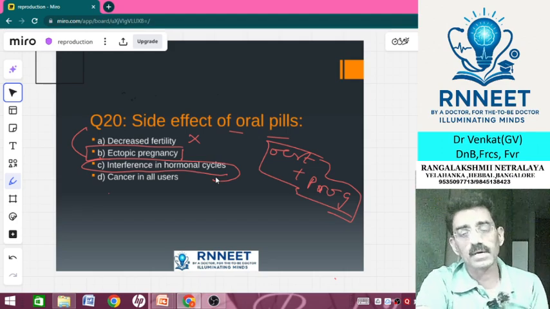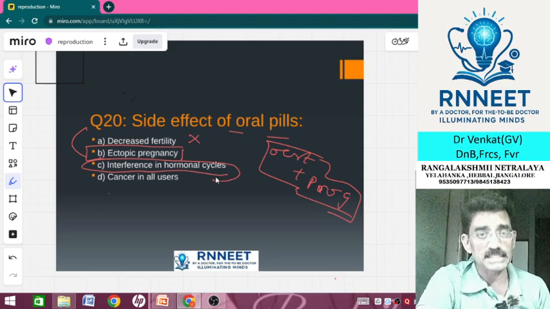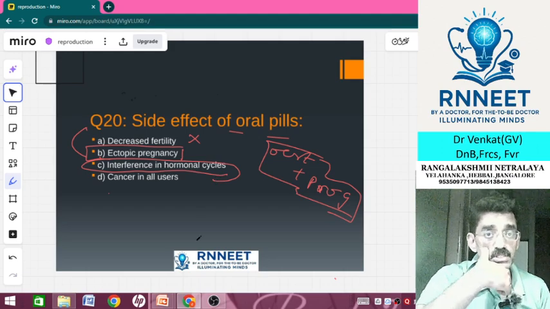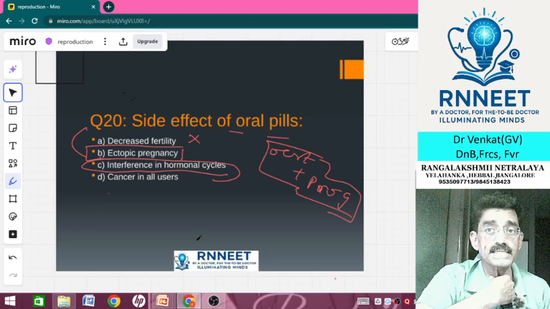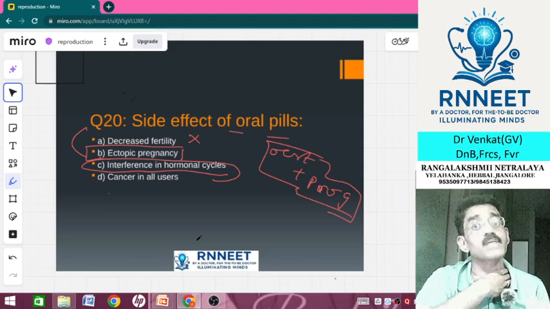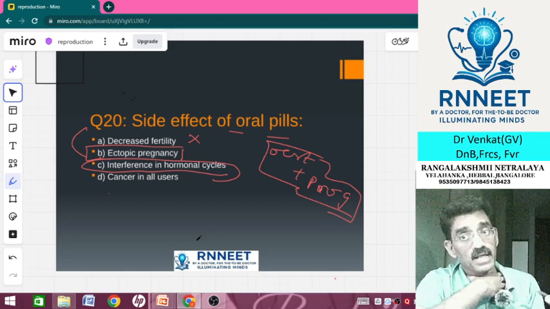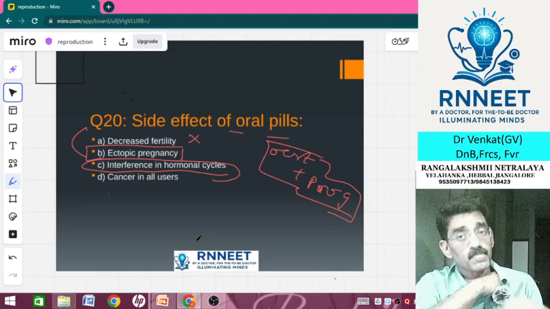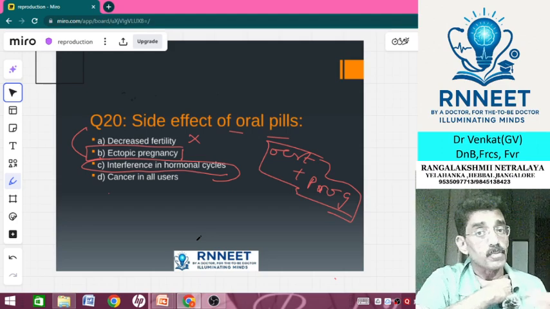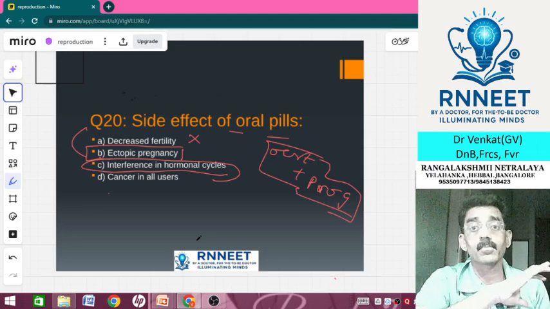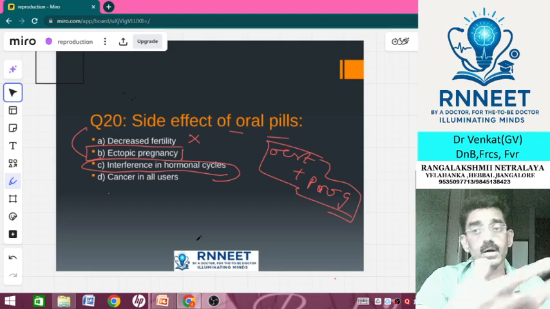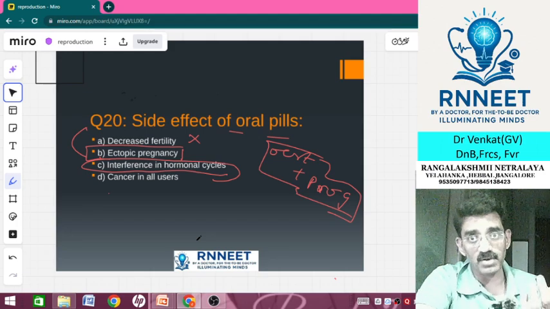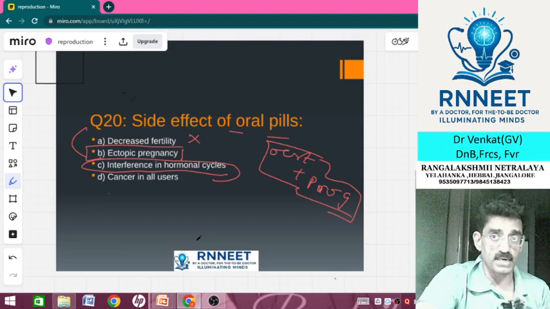If the zygote gets implanted at some site other than the uterus, that is a possibility, and those things are possible when fertilization takes place outside. Sometimes ectopic pregnancy can occur in the fallopian tube itself. You can also get ectopic pregnancy where the zygote comes back into the peritoneum, which is covering the uterus.